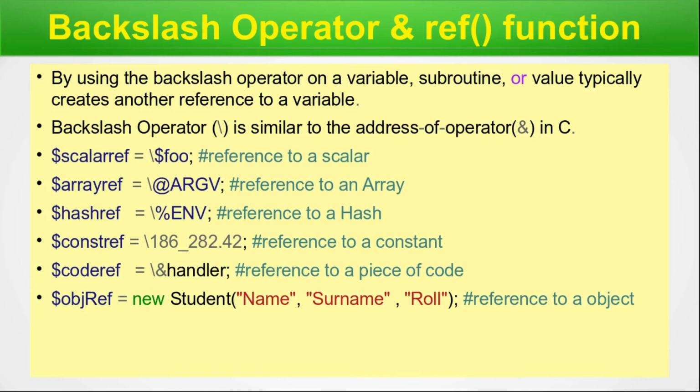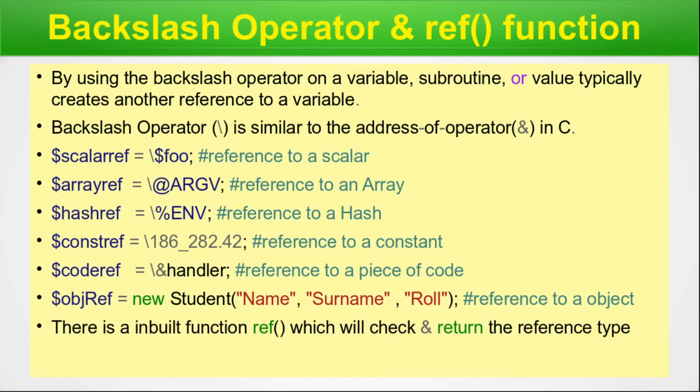We'll discuss the object-oriented concept in detail later, but for a quick know-how, this is how we can create an object. $object_reference is equal to new, a function that will create an object of the class Student with specific arguments: name, surname, and role. This is how we create an object reference.